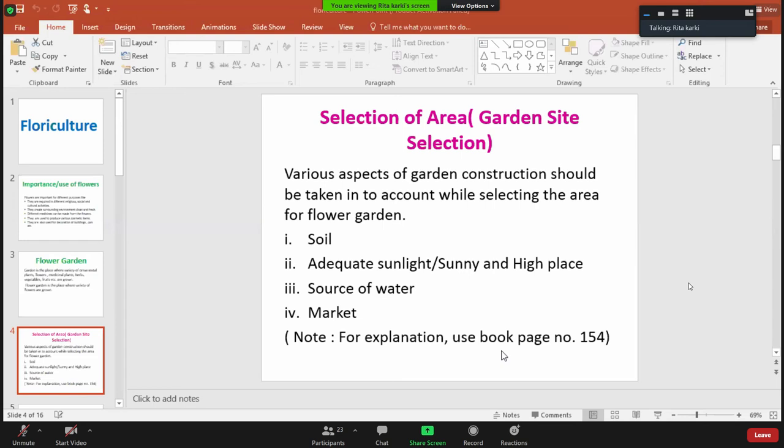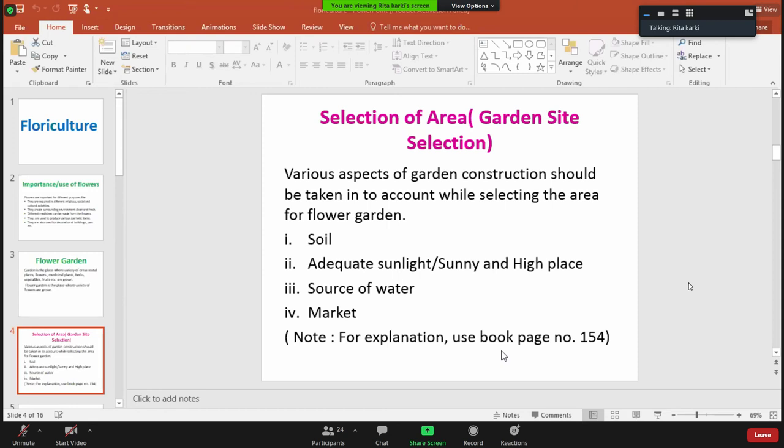That is why we should set up the garden near a well, near water spouts, or near a stream, so that we can irrigate our land without any difficulty.